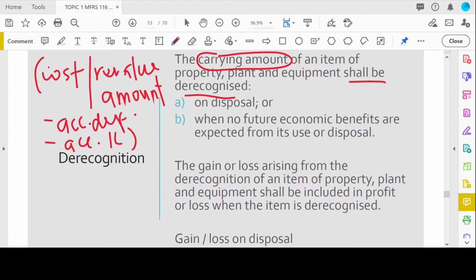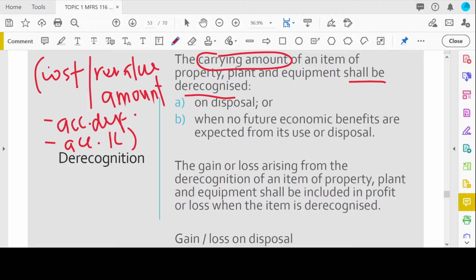We have to close all of the accounts related to the property, plant, and equipment. So when should we derecognize the carrying amount of property, plant, and equipment? On disposal, or when no future economic benefits are expected from the use or from disposal.